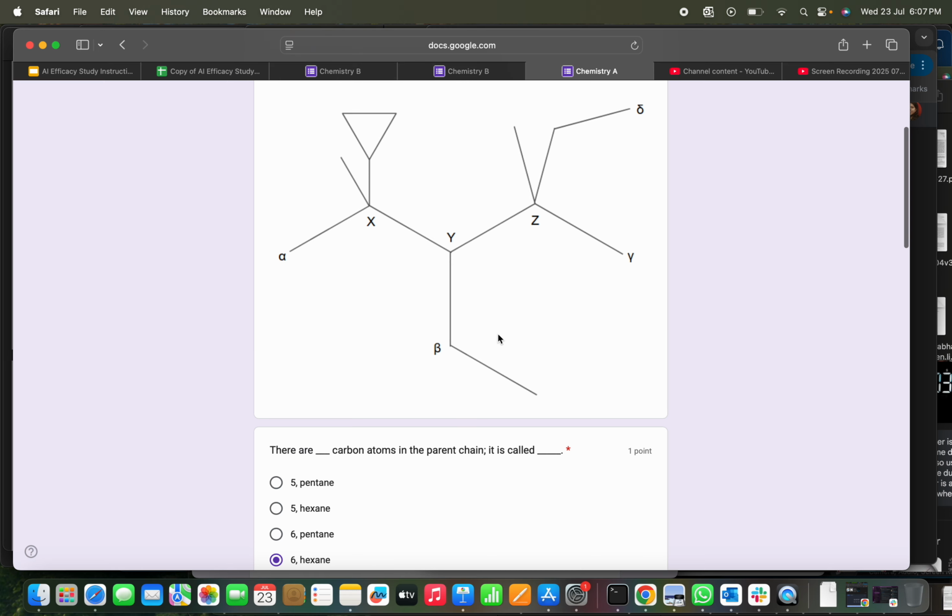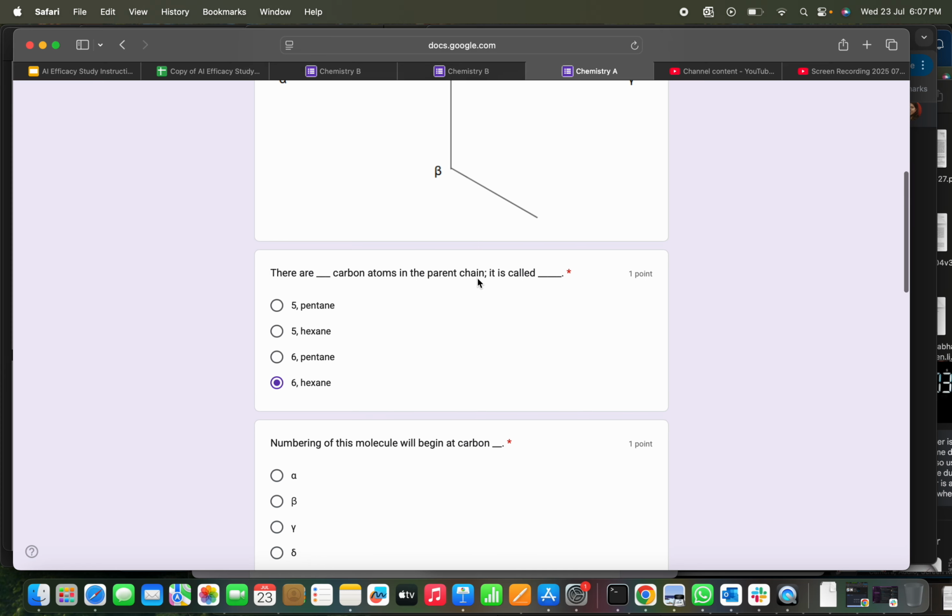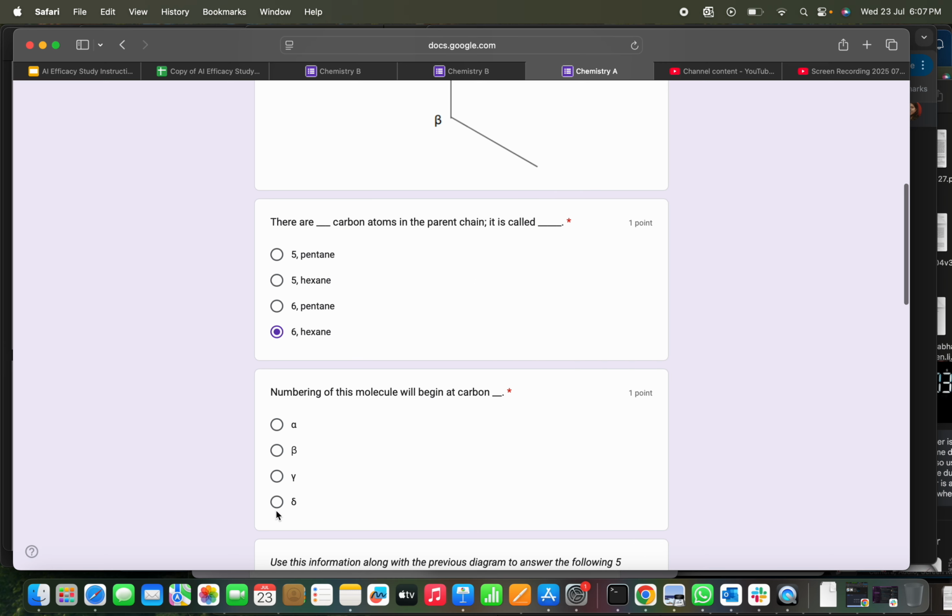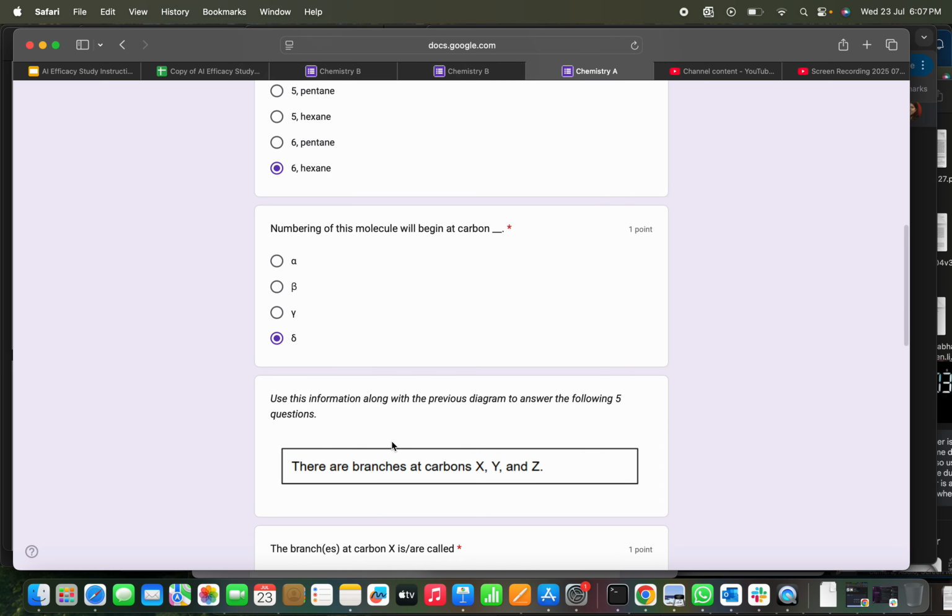I started numbering at 1, 2, 3, 4, 5. Delta. I have started the numbering here because that's making the longest chain.